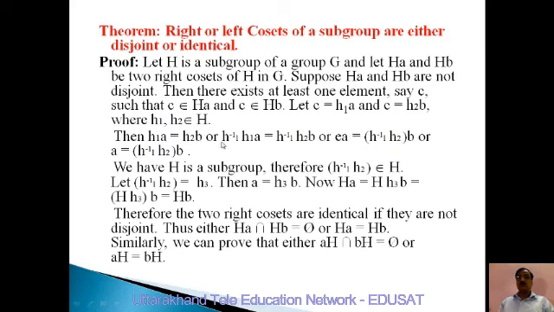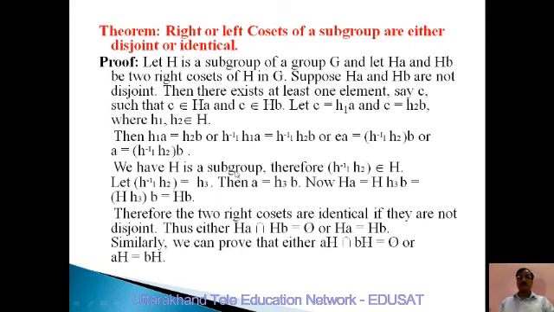If we take the inverse of h1, h1 inverse into h1a equals h1 inverse h2b. By the group property of the inverse, ea equals h1 inverse h2b, and since ea equals a, this gives a equals h1 inverse h2b.